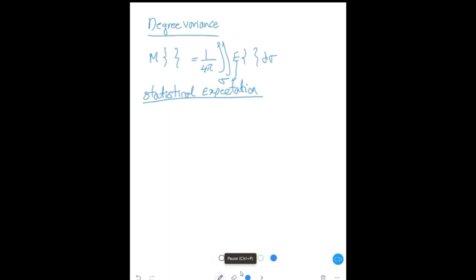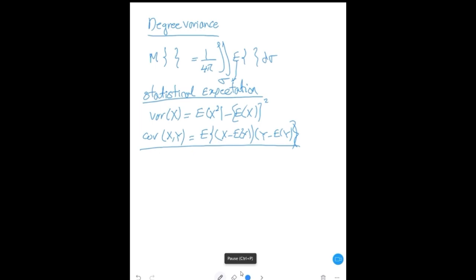Variance for a stochastic variable is defined by this formula, and covariance of two stochastic variables y and x as the expectation of x minus expectation of x, times y minus expectation of y.